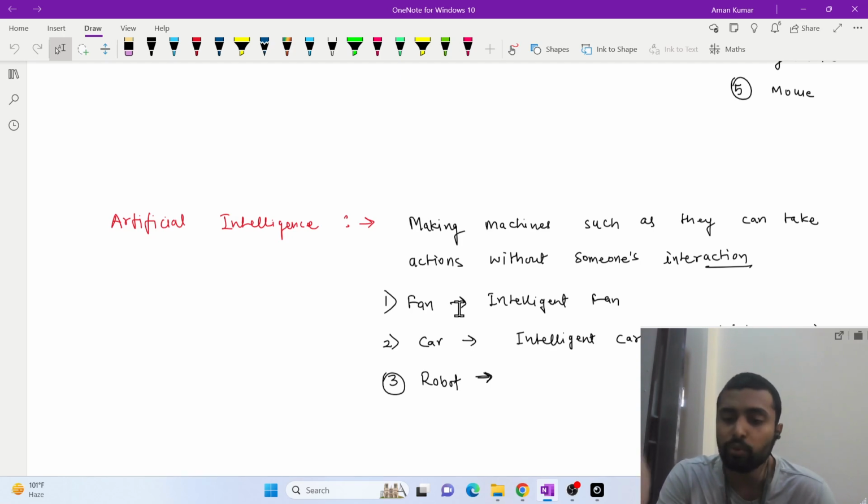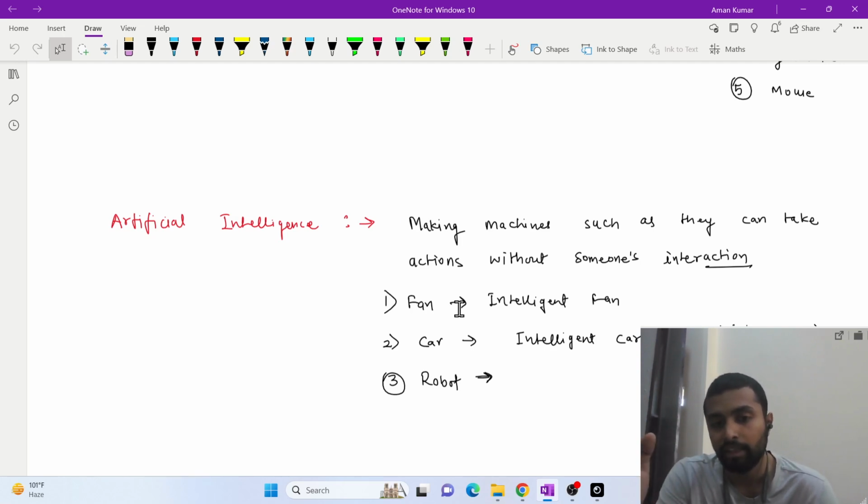And as soon as the temperature goes down, let's say the next day, it should automatically adjust to low speed, right? Because when the temperature is low, it should run at low speed. So this is how a fan will have intelligence.